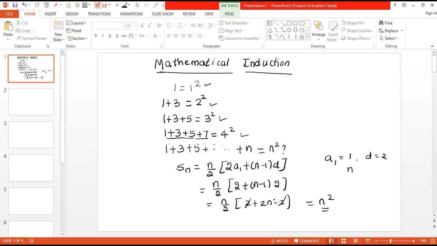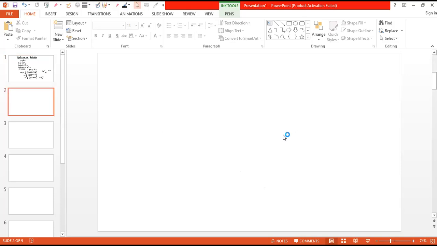The next question is, this approach is possible only if it is an arithmetic series or a geometric series. But if the given series is neither of them, then how do we prove the formulas?